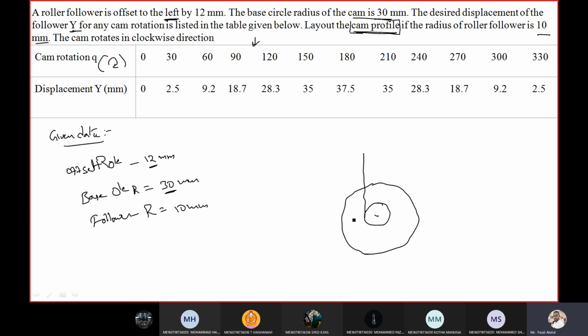This circle is known as the base circle. So to draw the base circle, what we need to do is measure the radius 30 mm with the compass and draw the circle. That is the base circle.